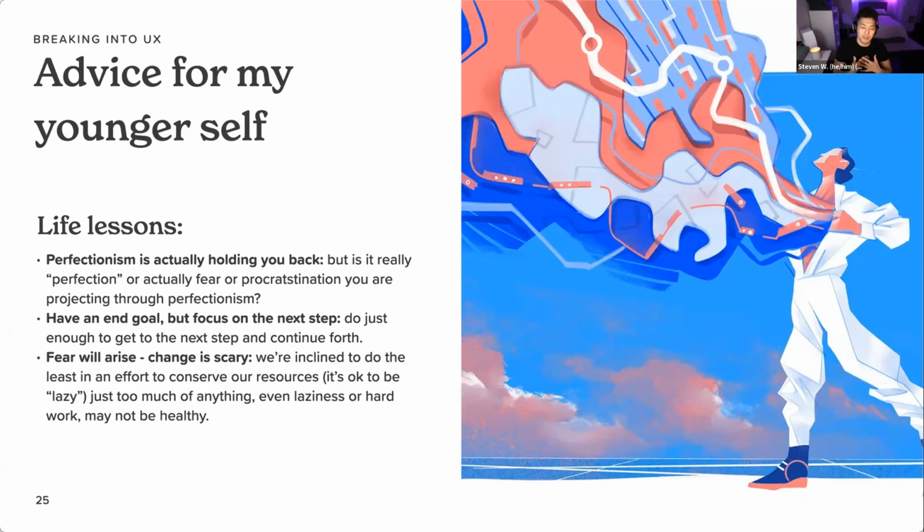That maybe this inner child or this inner self just wants the space for, right? I'm scared because I don't know what's on the other end. I'm scared because I'm afraid that if I put my portfolio out there, the person's going to be like, no. And you've got to just sit with that and say, it's going to happen, but it's okay.